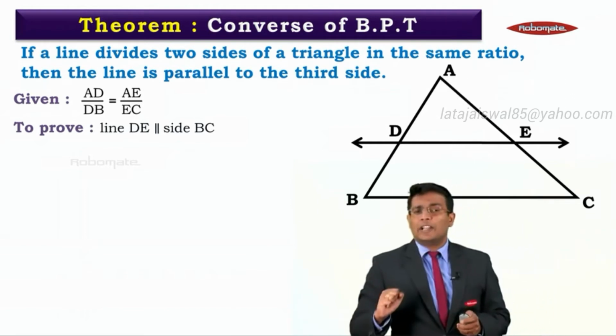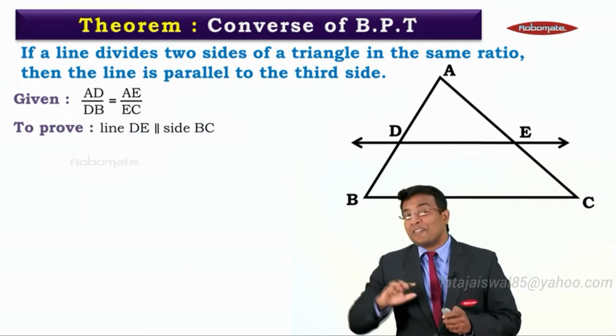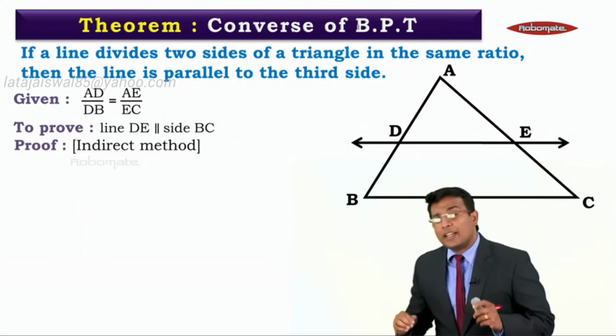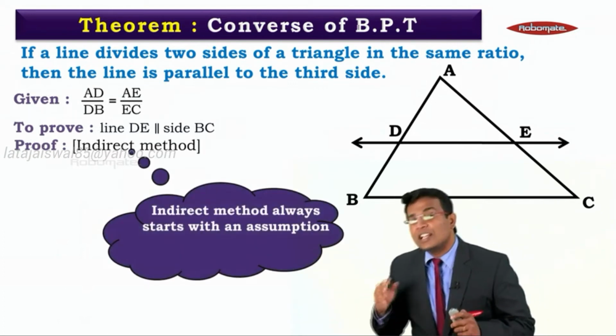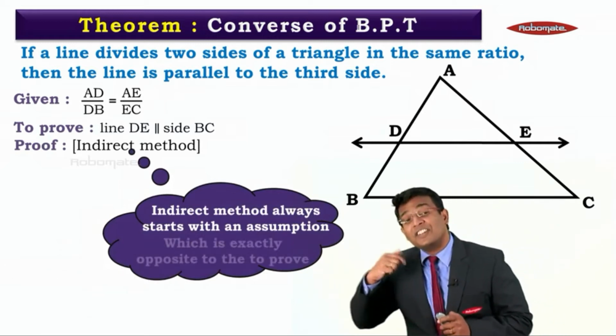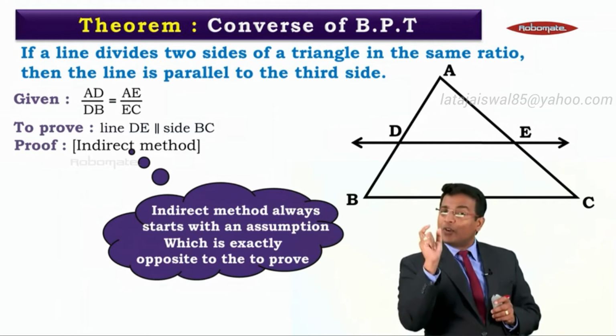Now let's proceed further. Students, remember, this theorem happens to be very important because it is done by a different method called the indirect method. What happens in an indirect method is that we always start with an assumption which is exactly opposite to the to prove. So right now, what is the to prove?